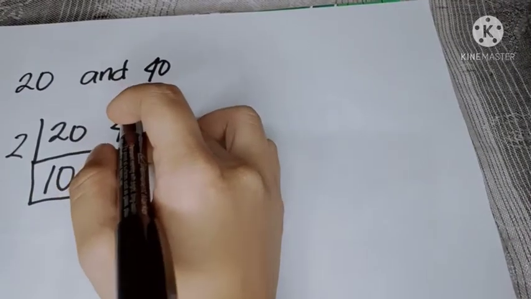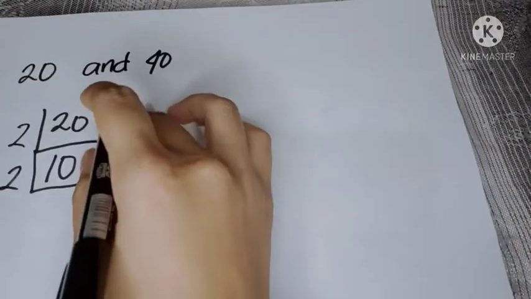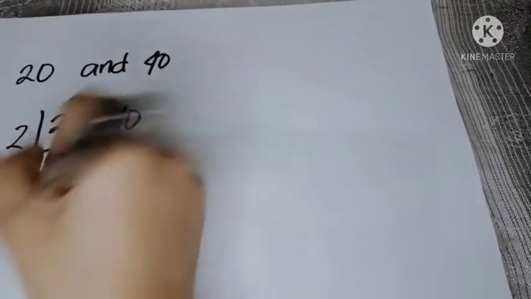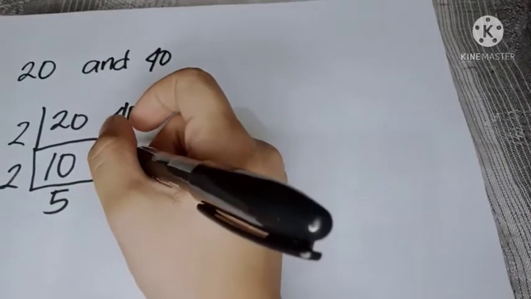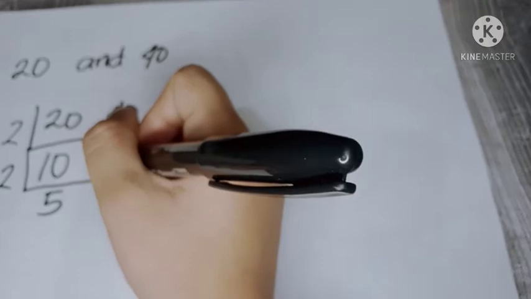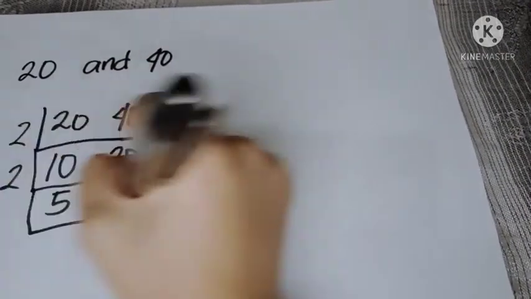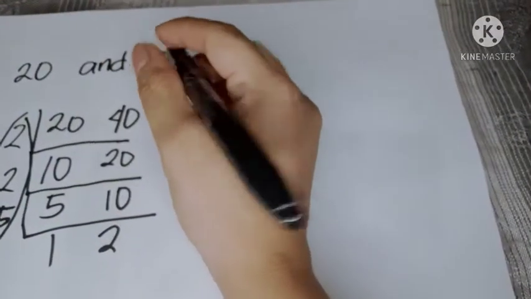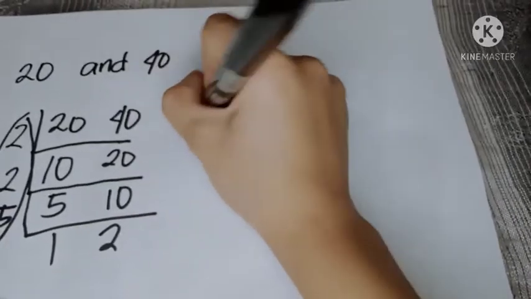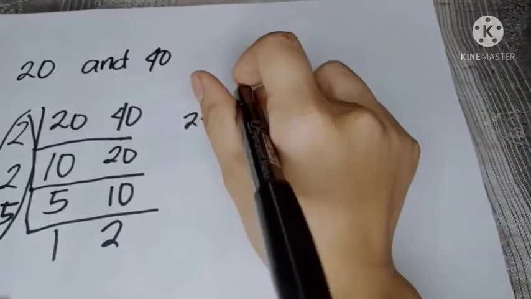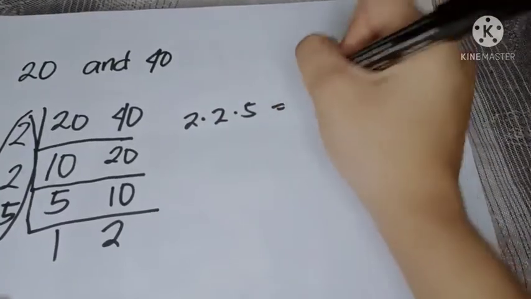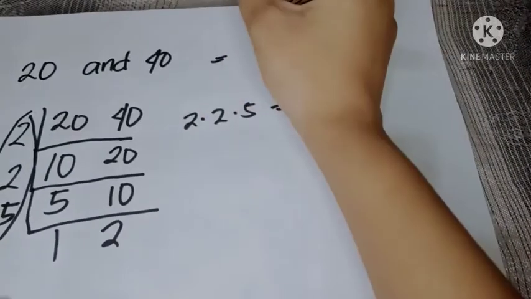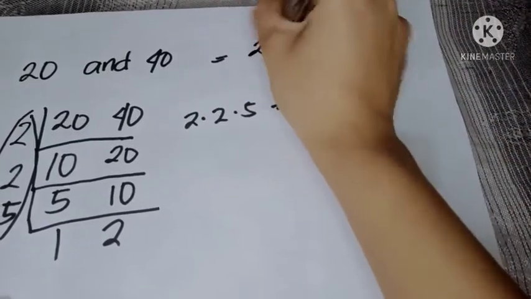So, divisible by 2. 10 divided by 2 equals 5. 20 divided by 2 equals 10. 5 and 10, meron po. So, 5 and 10 are divisible by 5. 5 divided by 5 equals 1. 10 divided by 5 equals 2. So, you need to multiply those for the GCF. 2 times 2 times 5. 2 times 2 equals 4. 4 times 5 equals 20. So, the GCF of 20 and 40 is 20.